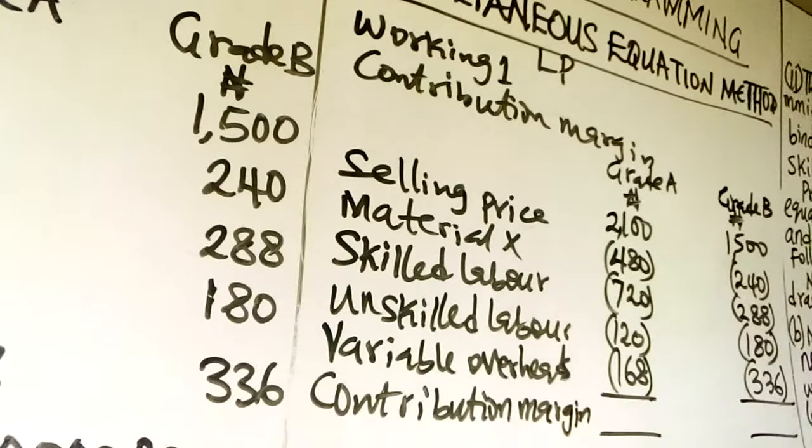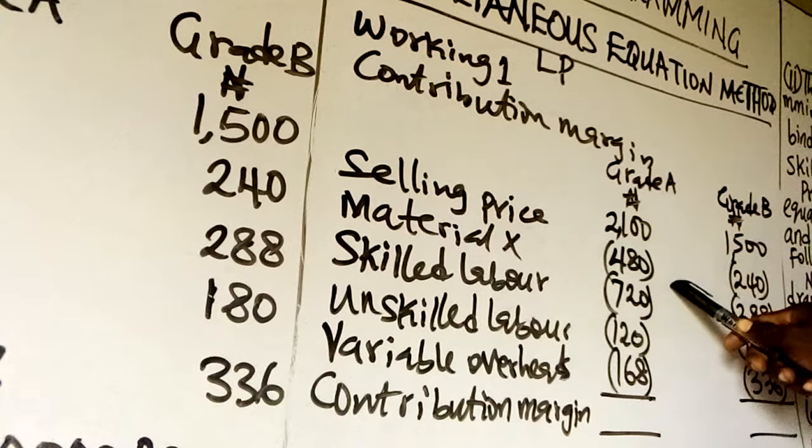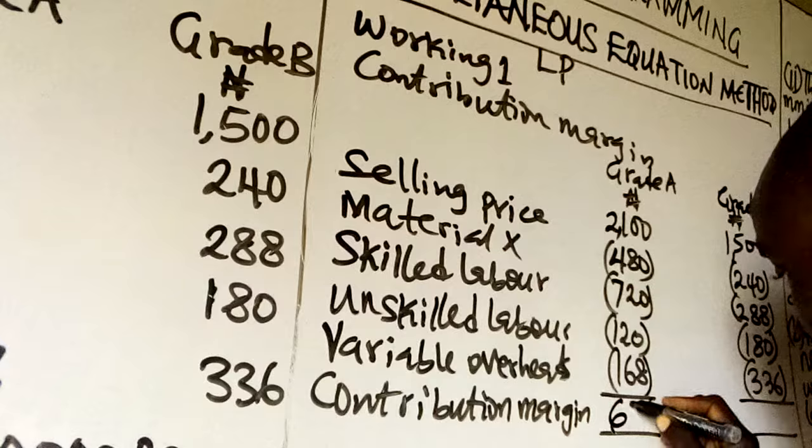We said contribution margin is selling price less variable cost. So 2,100 minus 480 minus 720 minus 120 minus 168, then we have 612.